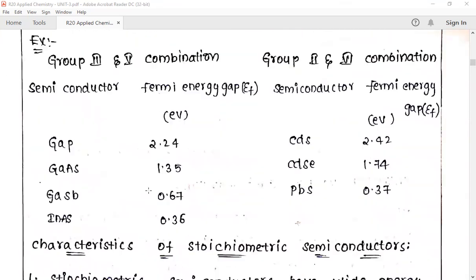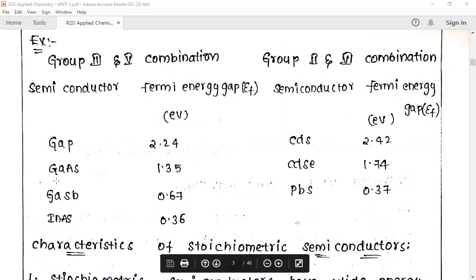Gallium has the electronic configuration 4s2 4p1 and arsenic has 4s2 4p3.